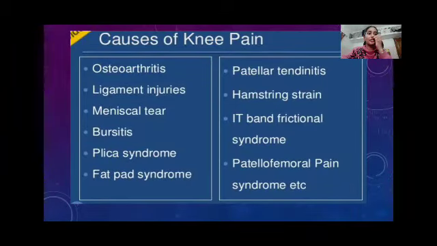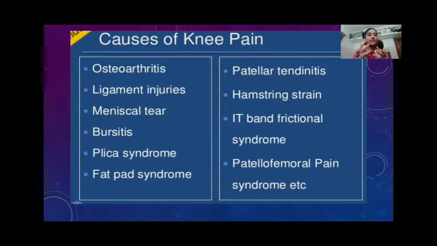Then what are the causes of knee pain? Because of all these changing biomechanics, we have studied the patellar articular surface, the femoral articular surface, the patellofemoral joint, the stresses in the sagittal plane and in the frontal plane, then the tracking of the patella, then the asymmetry due to the Q angle and its effect on the patella.